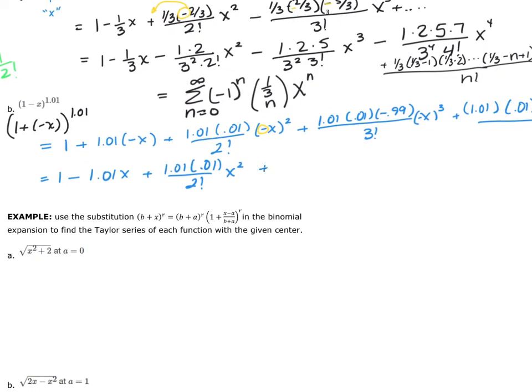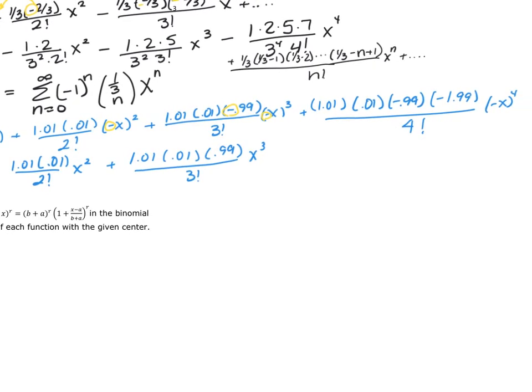And then plus, this negative is going to cancel with this negative, which gives me 1.01, 0.01, 0.99, over 3 factorial, x raised to the third. This negative and this negative will cancel themselves out, and this is negative 1 raised to the fourth power, so that's also positive. So 1.01, 0.01, 0.99, 1.99, over 4 factorial x to the fourth. And remember, this does continue.